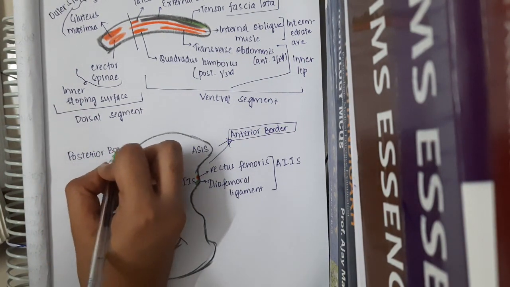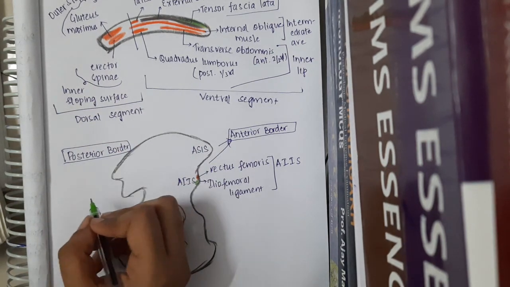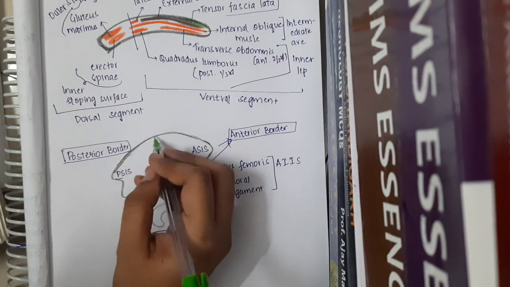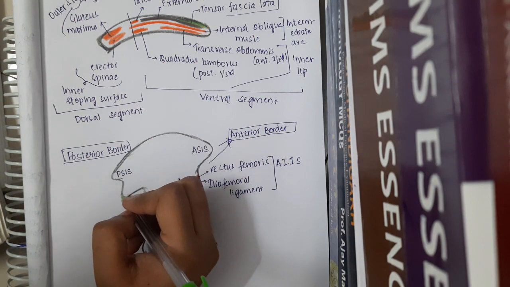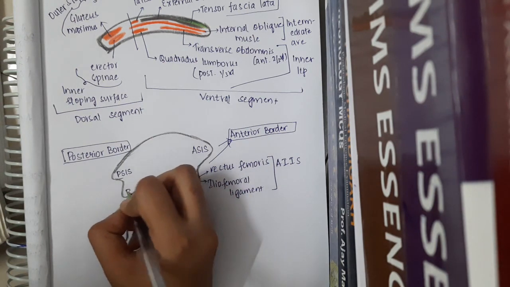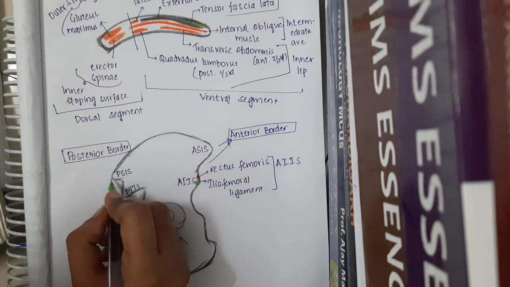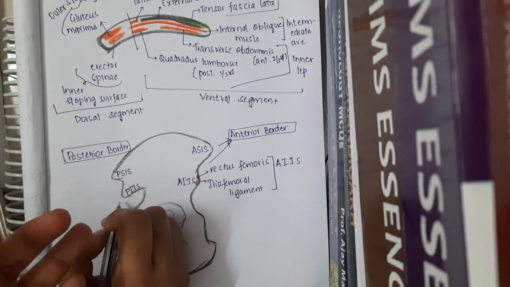If you see posterior border of ilium, what do you see in the posterior border of ilium? You see posterior superior iliac spine, which is the posterior upper end of posterior border of ilium, and you have posterior inferior iliac spine.